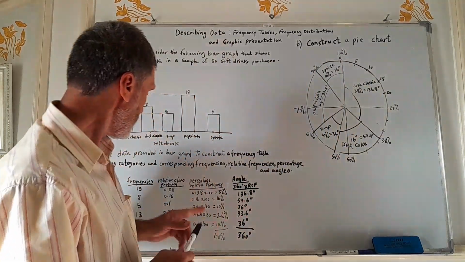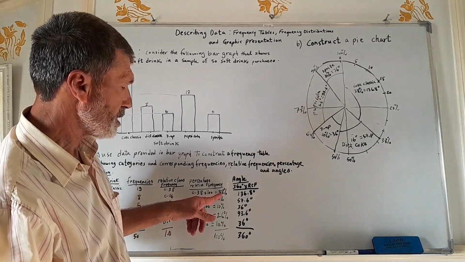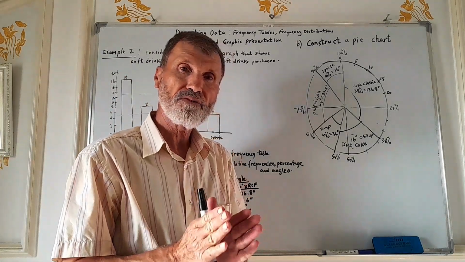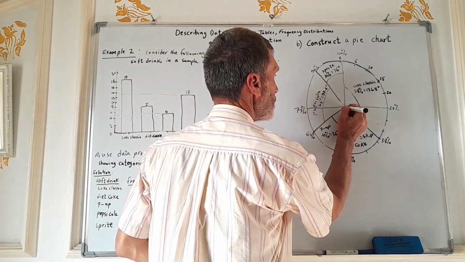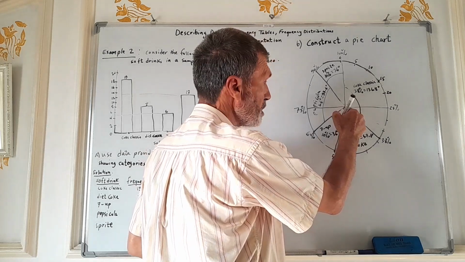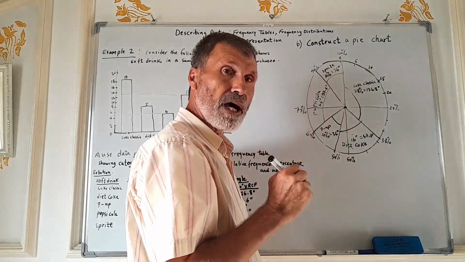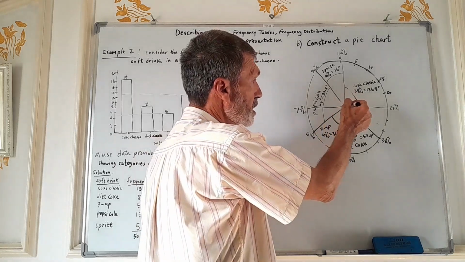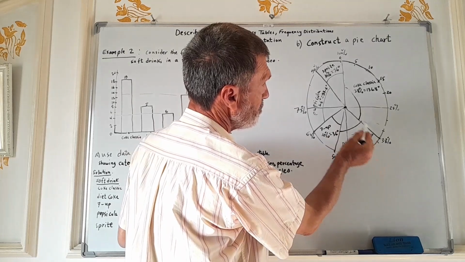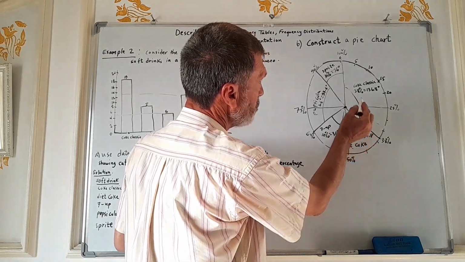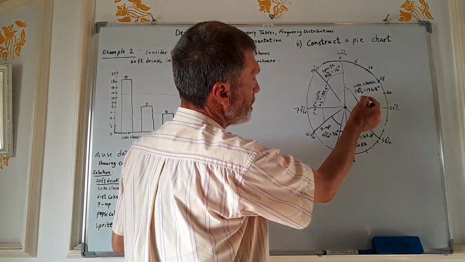Now we move to the first class, Coca-Cola, which is 38%. So what we do, we draw a line from the center of the circle to the 0%, and then another line from the center of the circle to 38%. That is the Coca-Cola slice, which is 38%.